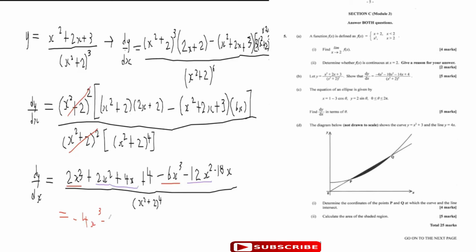And so this is how we get the 2x squared minus 12x squared, which is now minus 10x squared. Then our 4x minus 18x is minus 14x, plus 4. And look there, we get what we're supposed to get now. And all of this is divided by x squared plus 2 to the 4th power.